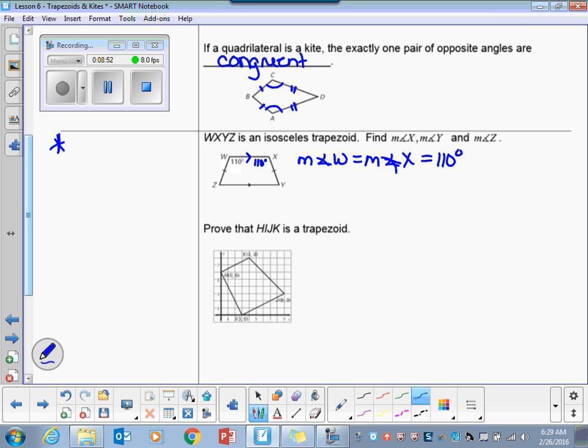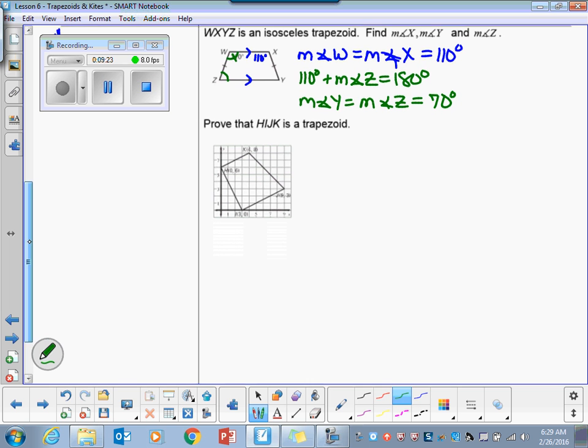Okay, we have parallel lines, which means I have consecutive interior angles right here, meaning they add up to 180 degrees. So 110 plus the measure of angle Z will equal 180 degrees. And the measure of angle Y is a base angle, and therefore congruent to the measure of angle Z, which is 70 degrees.